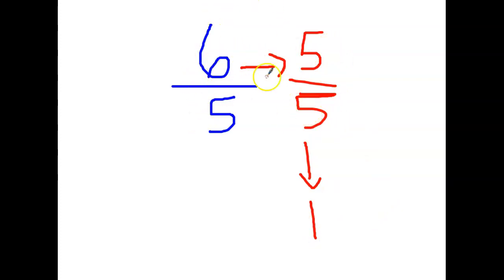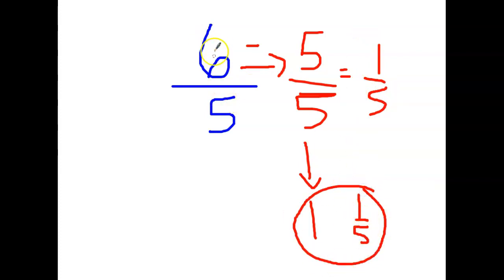If we took out 5/5, what's left over? What is 6 minus 5? Great, 1. So that means 1/5. Remember, when I say 6/5 minus 5/5, 1/5 is left over, right? So we're just going to bring our 1/5 down. That means 1 and 1/5 is the same as 6/5. Those are the same thing.